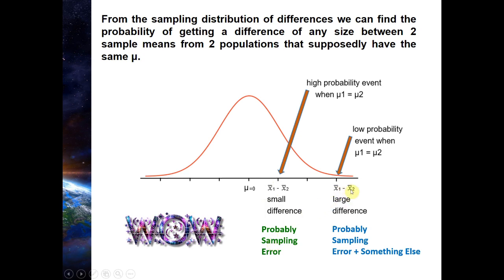But if we get a large difference between our 2 groups, we look at the means and subtract them and see that they're large differences, that is probably telling us that we have sampling error and something else. In other words, the means for our 2 groups are different, yes, because of sampling error, but something else is going on. And that's when we would say our initial assumption is probably false. These 2 sample means do not come from 2 identical populations.